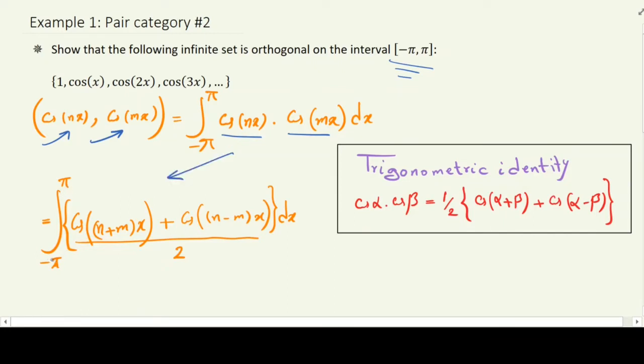It's going to be the same integral from minus pi to pi, but here we have cosine of alpha plus beta, which is going to be nx plus mx. We can write it as (n plus m) times x, plus cosine of alpha minus beta. You see, so this argument minus this one. So it's going to be nx minus mx, which is going to be (n minus m) times x. Right? And then this whole expression divided by 2.